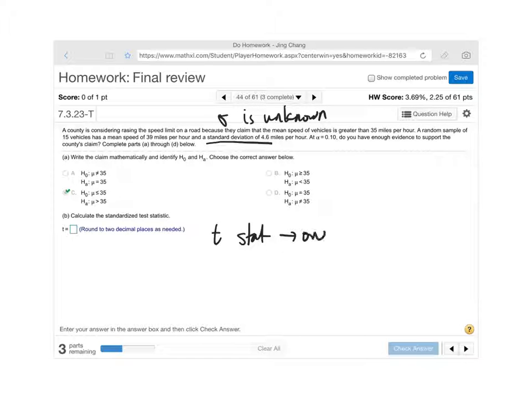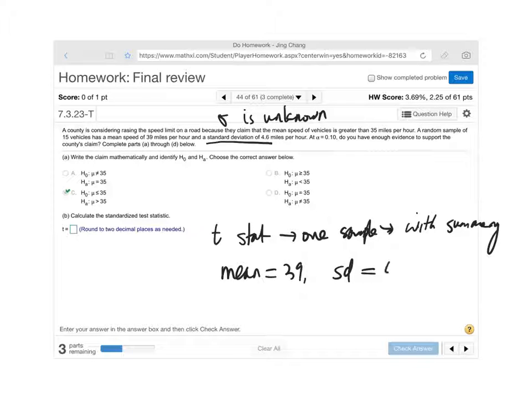So use one sample with summary, because you have the summarized data. And then you can put the mean, it's 39, standard deviation, it's 4.6, sample size, it's 15.